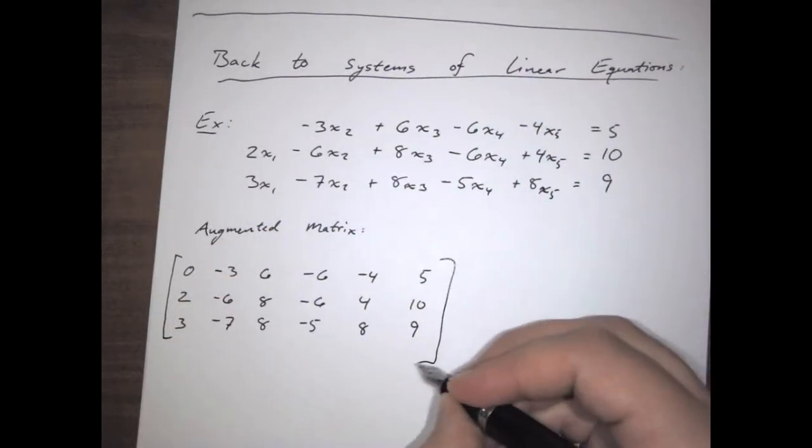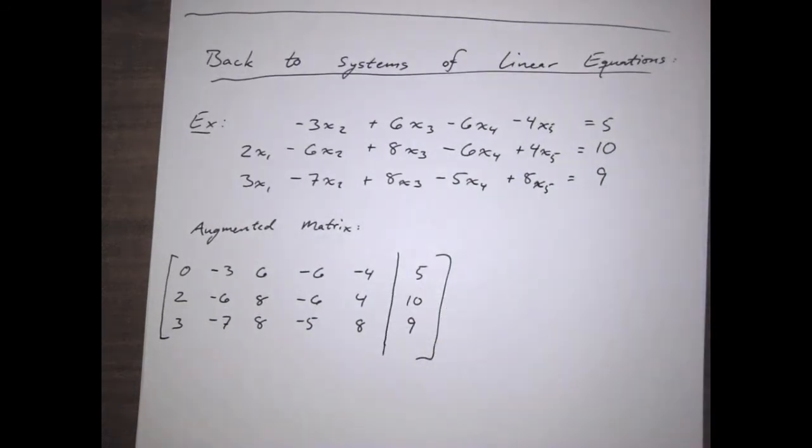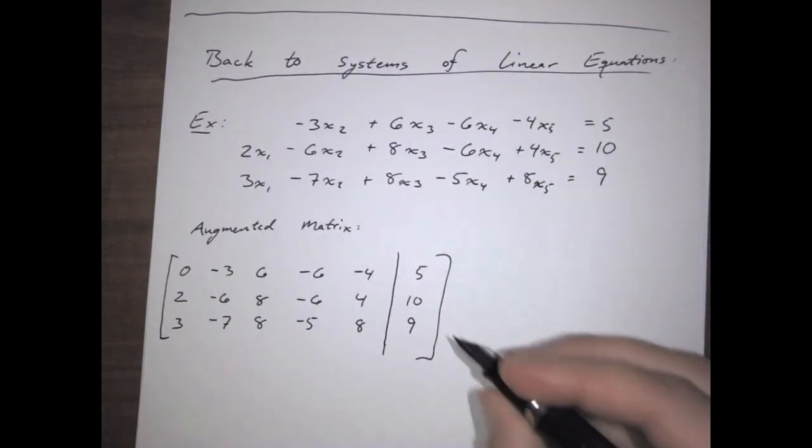The only difference between this and the matrix from before is that the optional bar could be written in here.